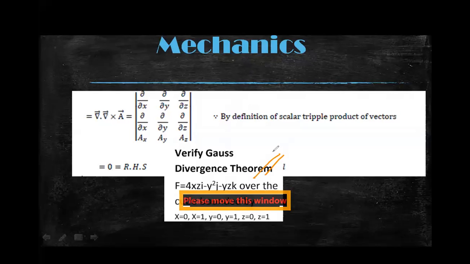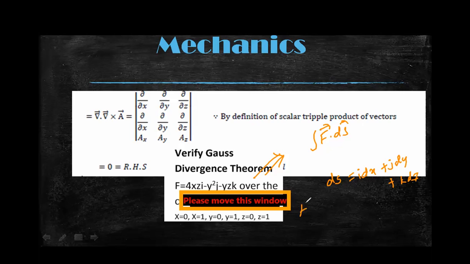Okay, sir. So simply F dot dS. So you have to do this. How do we do it, sir? So again, what you do is dS. You can take it as dx i, dy j, dz k. So you already have F. So when you do F dot dS, you can calculate it.